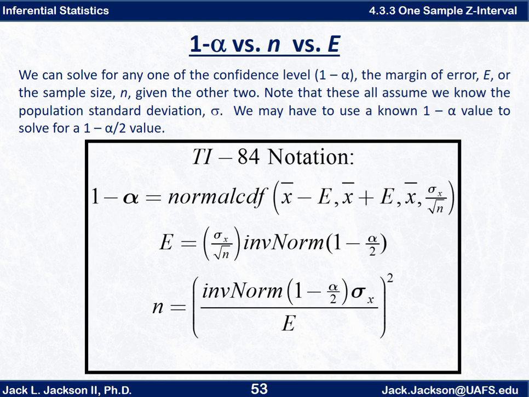And we use the second one most often. We're going to use the second one where we know the confidence level, so we can figure out 1 minus alpha over 2, do the inverse norm of that, and we can use the other parts of that one where we know the sample size to find the E, and that's going to help us build our confidence interval, which is just x bar minus E to x bar plus E.